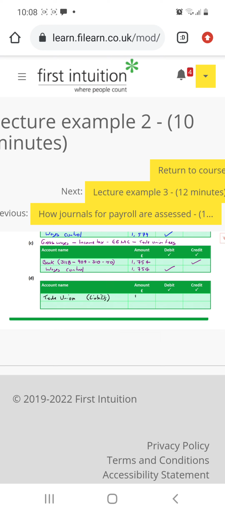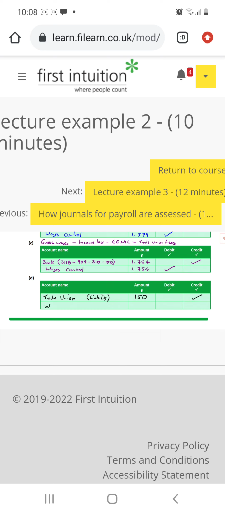That £150 that we've deducted from the staff, we can't keep as a business. We need to hand it over to the union, in which case it's a liability, and so I need to credit that amount to them.